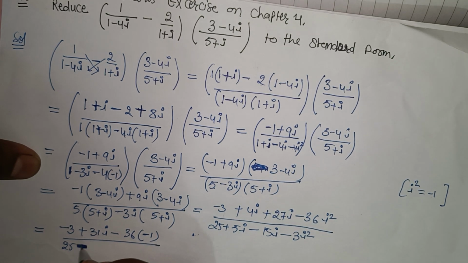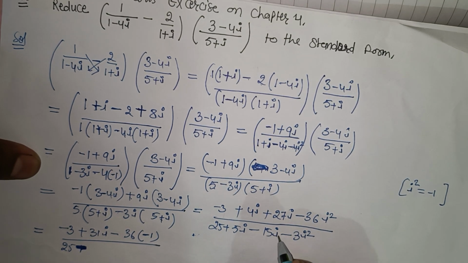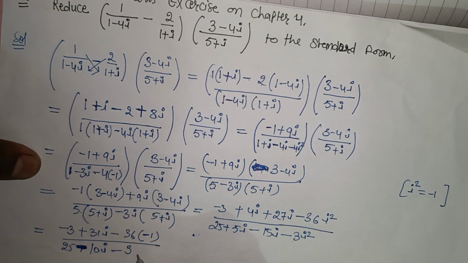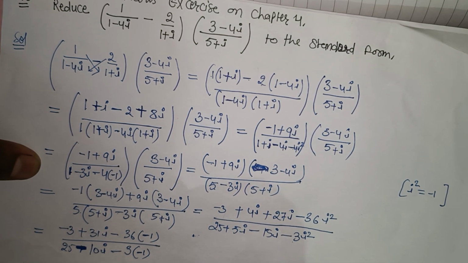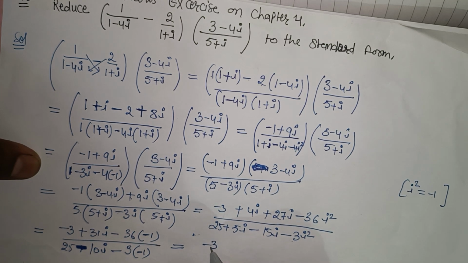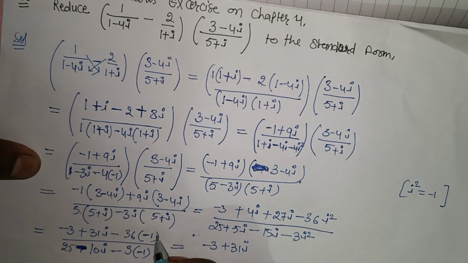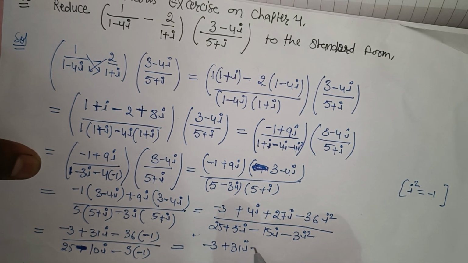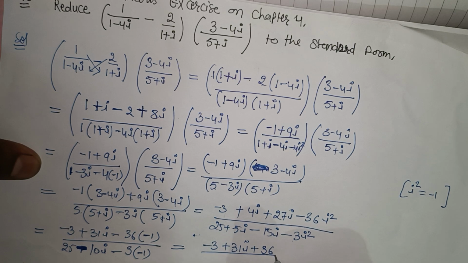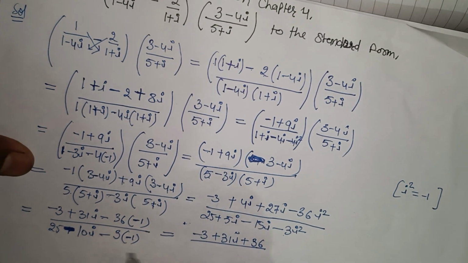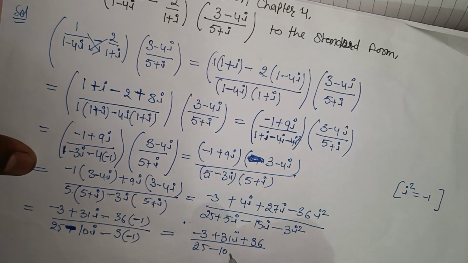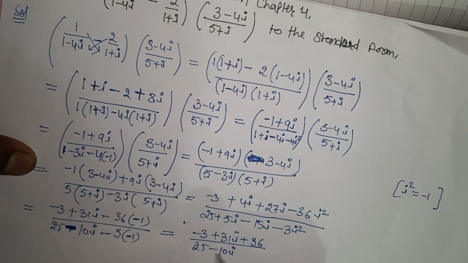In the denominator, minus 15 iota plus 5 iota becomes minus 10 iota, and then minus 3 iota square, which is minus 1, gives plus 3.